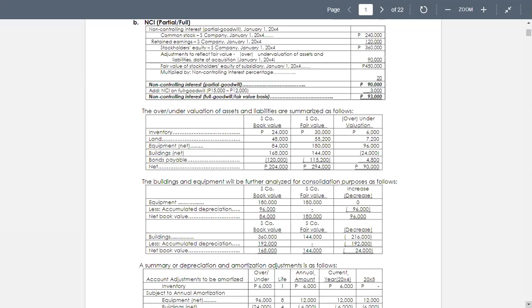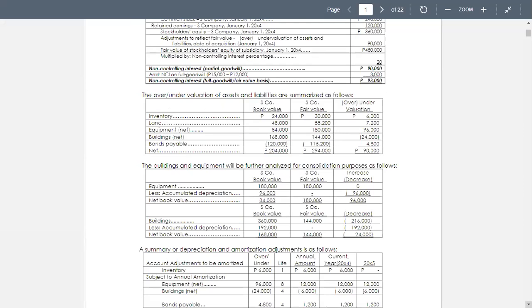Okay, so we now have our bonds payable. The bonds payable, the fair value is 115,200 and the book value is 120,000. Though you will notice that the fair value is lower than the book value, it is still an undervaluation considering that this is a liability.